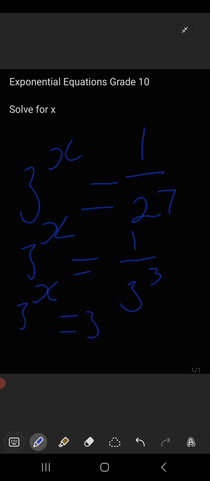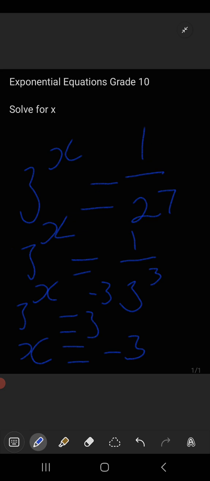So we are going to say 3 to the power of negative 3. 3 to the power of negative 3 is the same as 1 all over 27, or 1 all over 3 to the power of 3. Therefore, we can see now the bases are the same. We drop the exponent, meaning that x is equal to negative 3. That's the solution for our example 2.